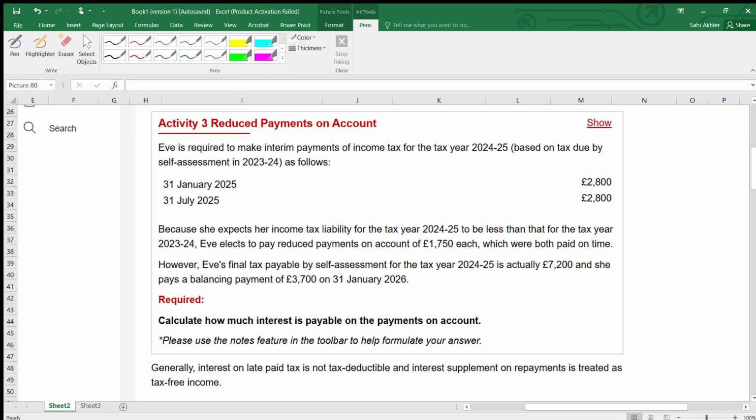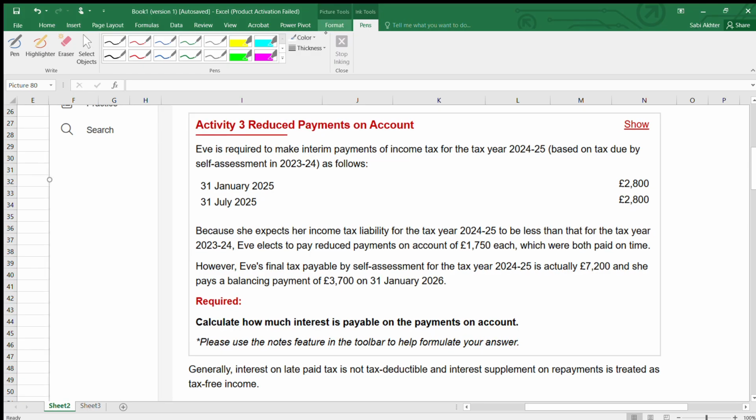So now the interest will be charged regarding the interim payment. Lower of interim payment made as reduced. So what is the reduced payment? $1,750. Okay.